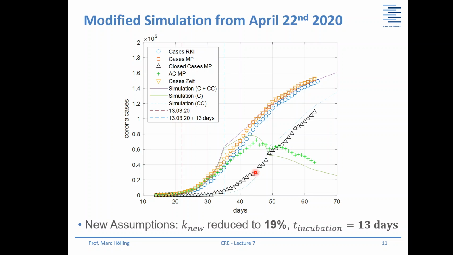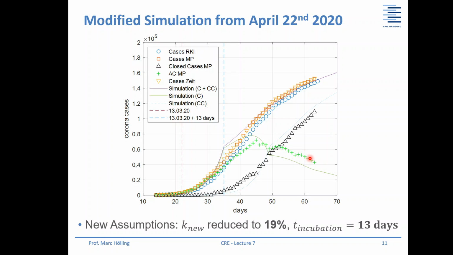What else have we got here? From the Morgenpost, I took the closed cases. These are the black ones, but this is not measured, so it's not that a doctor says, okay, now you are healthy again, now you are healed. This is also just a guess. And the green ones are the active cases.